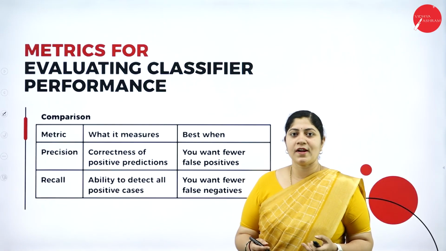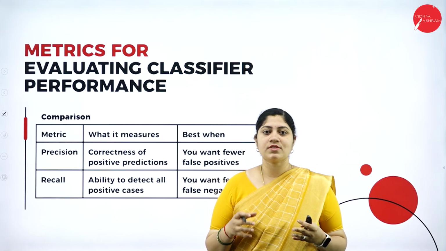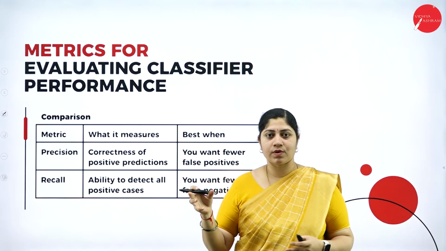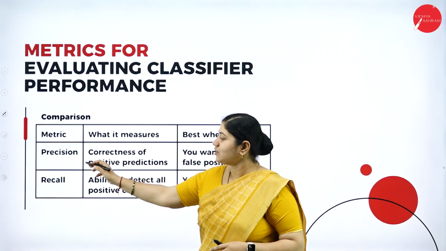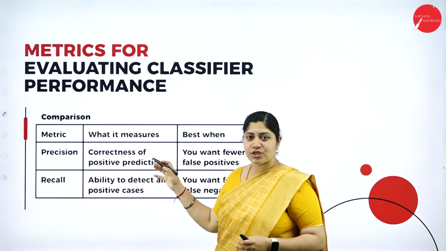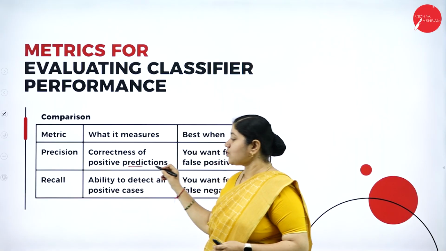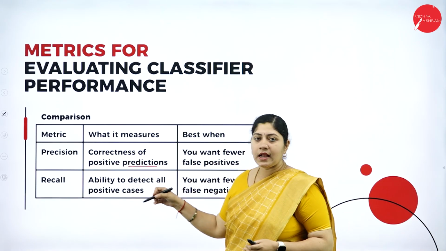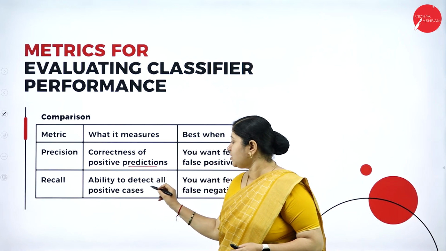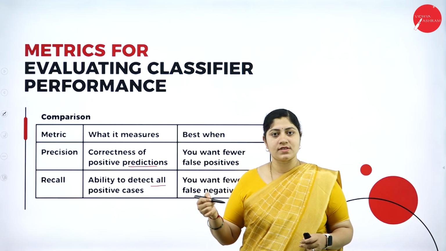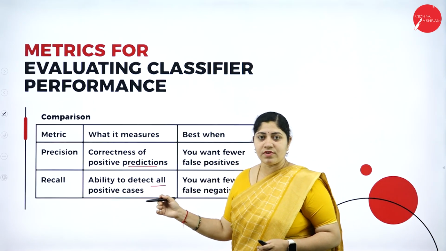Alright, let's move forward and understand the basic difference between precision and recall. First one, precision. What does it measure? It measures the correctness of the positive predictions, and recall has the ability to detect all the positive cases. Clear? Please note the difference.